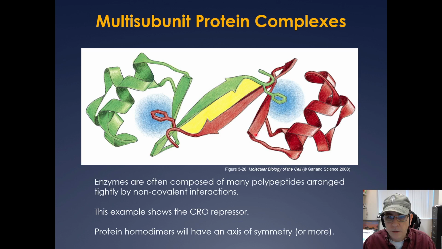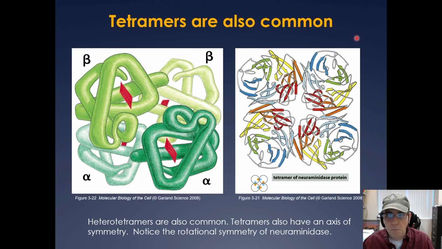In this case, there's a shared beta sheet between the 2 proteins. And for what it's worth, homodimers in proteins will always have at least one axis of symmetry. Usually there are multiple axes of symmetry, including rotational, and you can find these symmetric axes in a number of proteins. And that happens with tetramers as well.